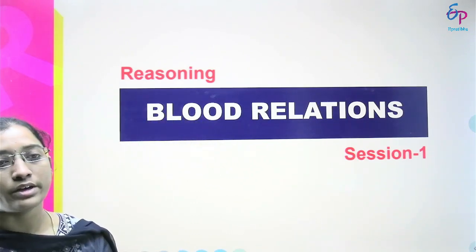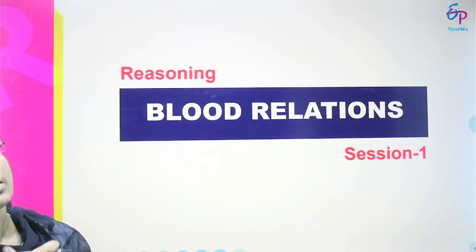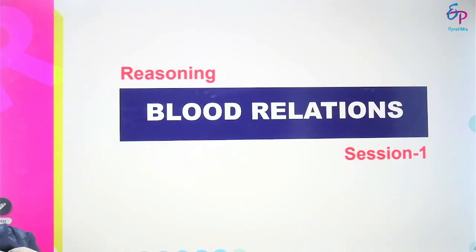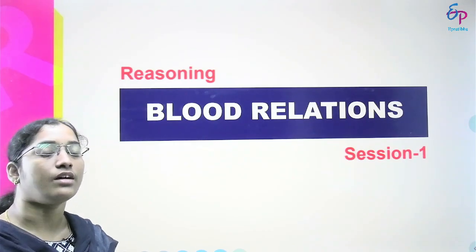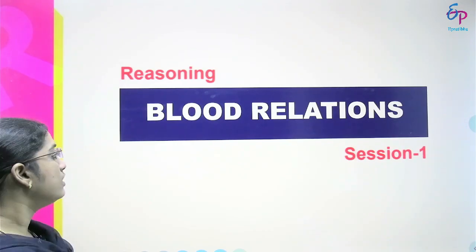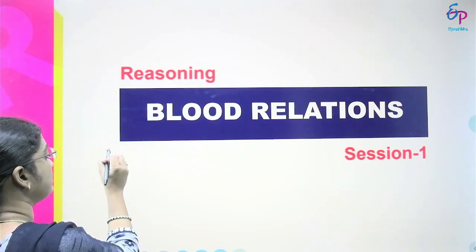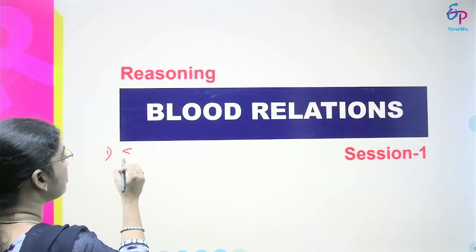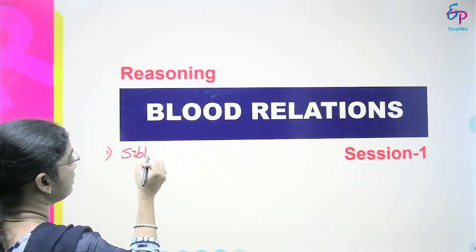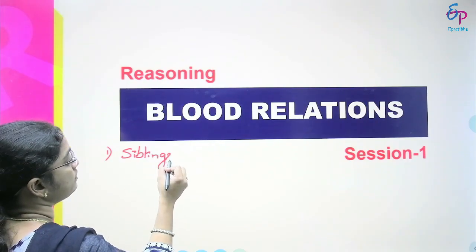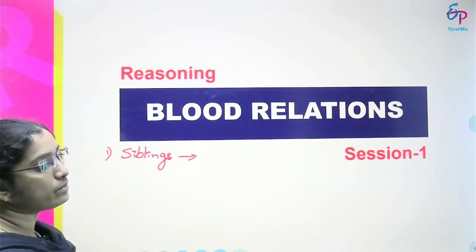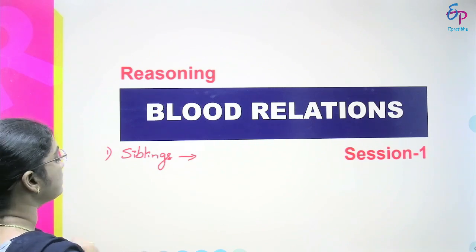Just see here. We have some basic relationships. First, the basic relationship is siblings. All of you must know these basic relationships, friends, and you need to remember all of these.